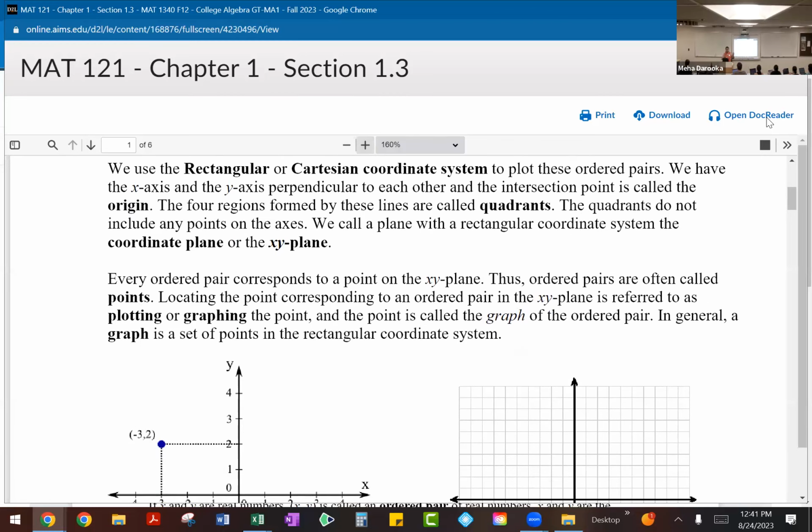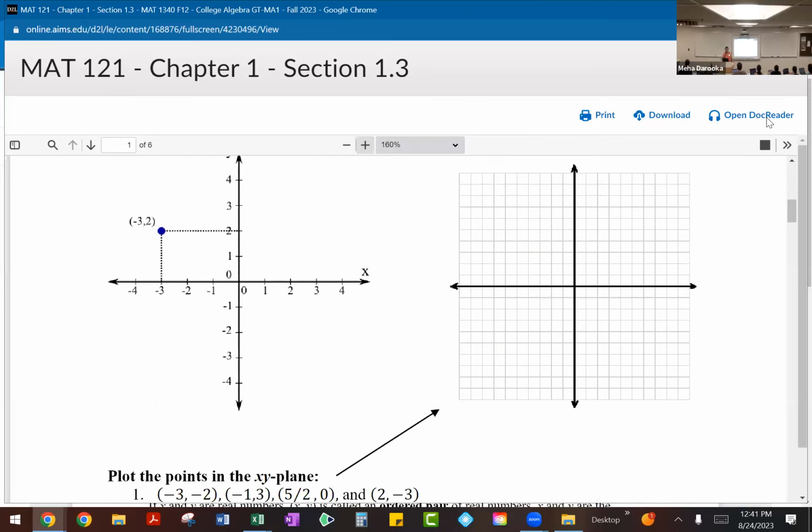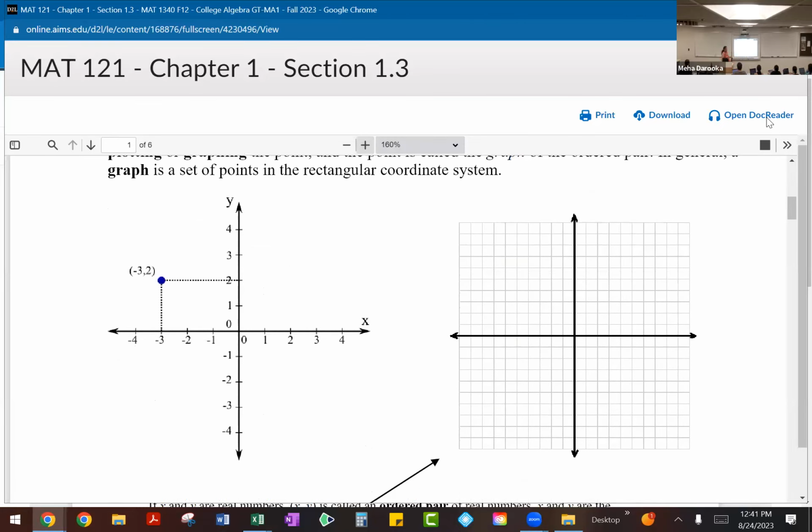Your rectangular coordinate system is broken up into 4 quadrants. Does anybody know in what order those quadrants go? Clockwise or counterclockwise? Counterclockwise, very nice. So it begins with quadrant 1, where both x and y values are positive.